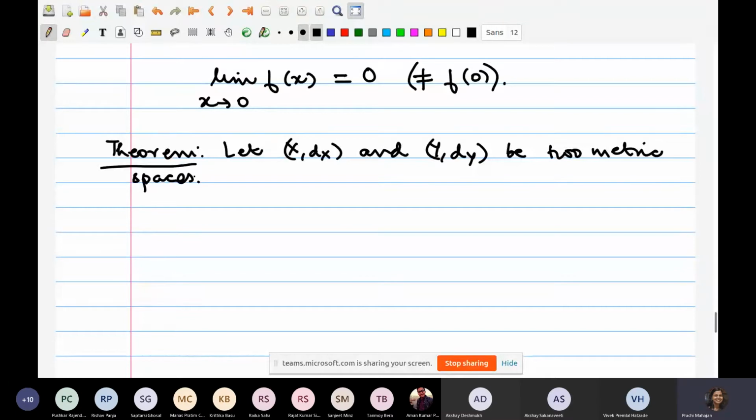All right. And E is a subset of X, and f is a function defined on E. So f is defined from E to Y, and P is a limit point of the set E.